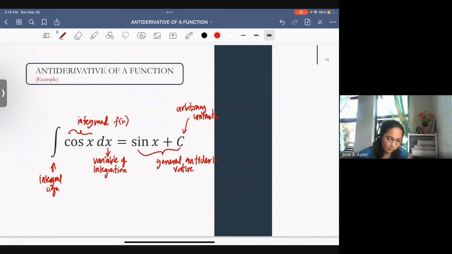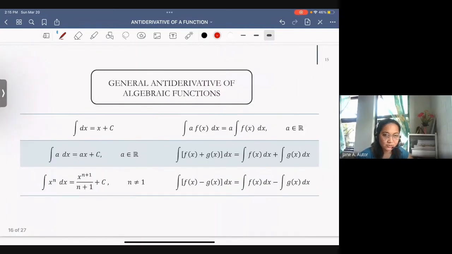Alright, let us now proceed to the different rules of antidifferentiation. For the first notation, we have the integral of dx is equal to x plus c, meaning we have here the integral of 1 dx, or more likely the integral of dx equals x plus c. Second, the integral of a dx is equal to ax plus c, wherein a is any real number.